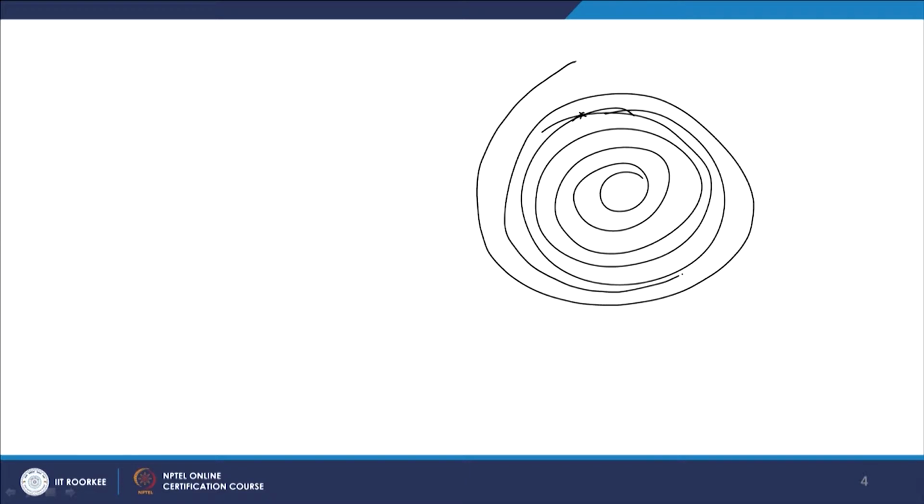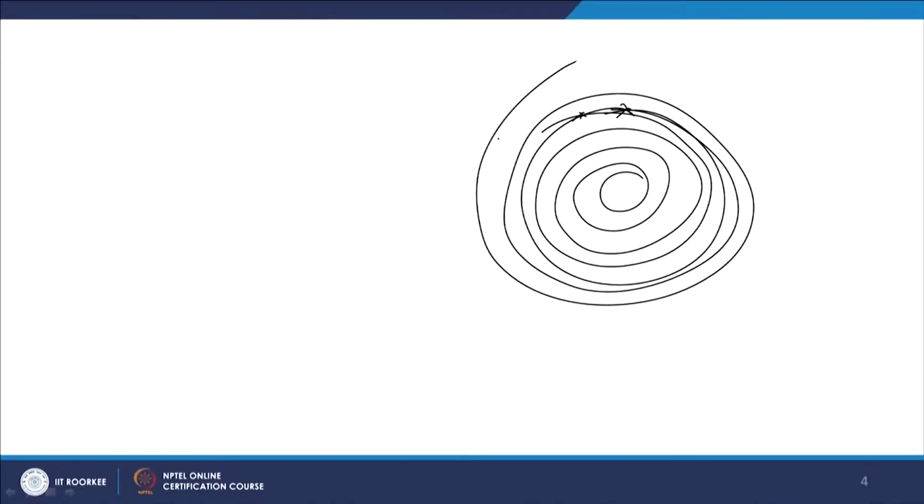Similarly, if we take any point outside, then your radius vector keeps on decreasing and it will come to be the unit circle here, right. As soon as it touches the unit circle, your dr by dt is zero, and for future time the solution will always remain on the unit circle.